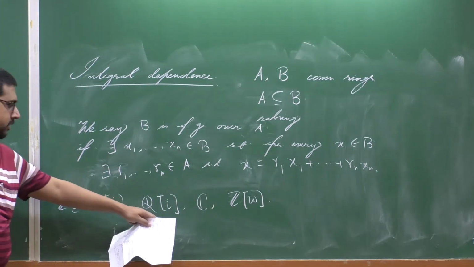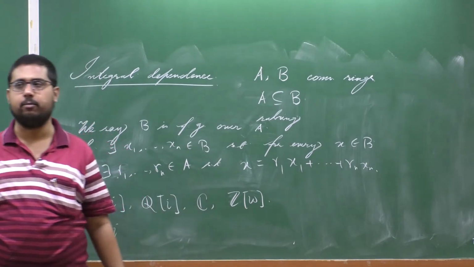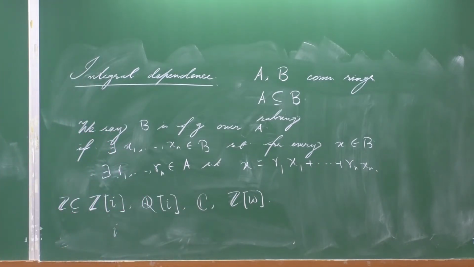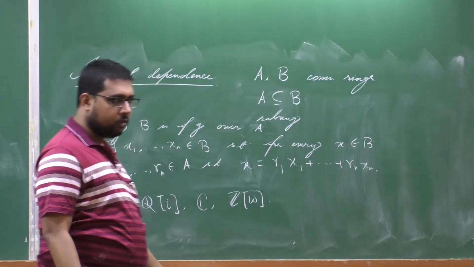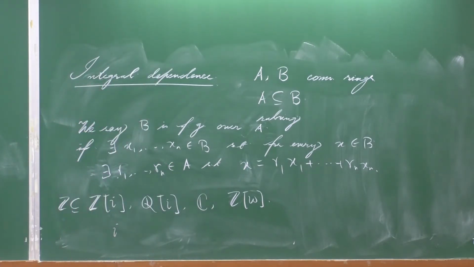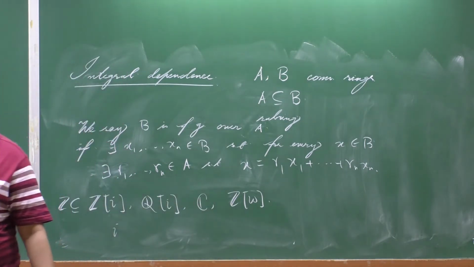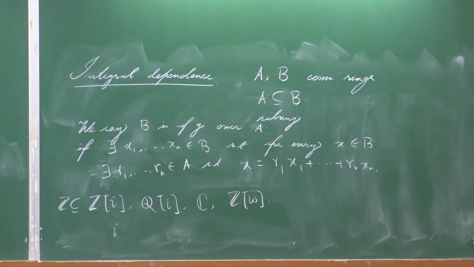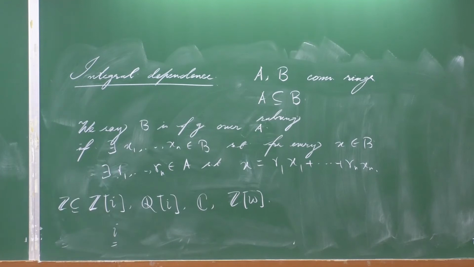The similar thing happens there, where omega is some root of unity, so there is a monic polynomial with integral coefficients which has this omega as a root. Now we are going to define, in general terms, what such an element is called.